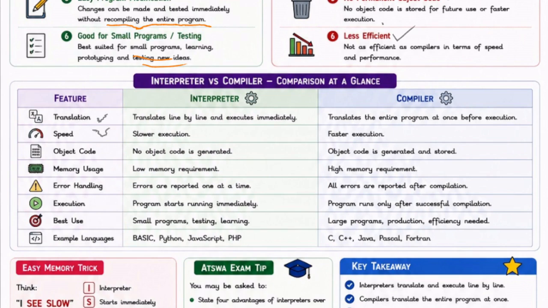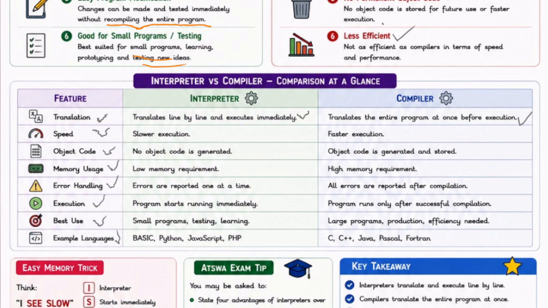We have speed, object code, memory usage, error handling, execution, best use, example languages. So for interpreter, you have translate line by line and execute immediately. While compiler translates the entire program at once before execution.